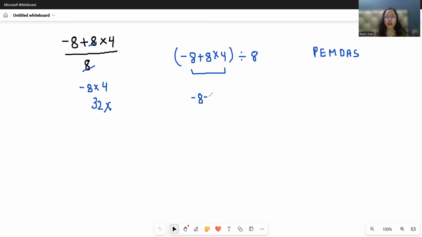So it becomes minus 8 plus 8 times 4, which is 32, in bracket, divided by 8. Minus 8 plus 32 is 24 by 8, and 24 by 8 is 3. So what is the correct answer? 3. I hope it's clear. When you follow the right approach, you will always reach the right answer. Now let's move forward to the next expression.